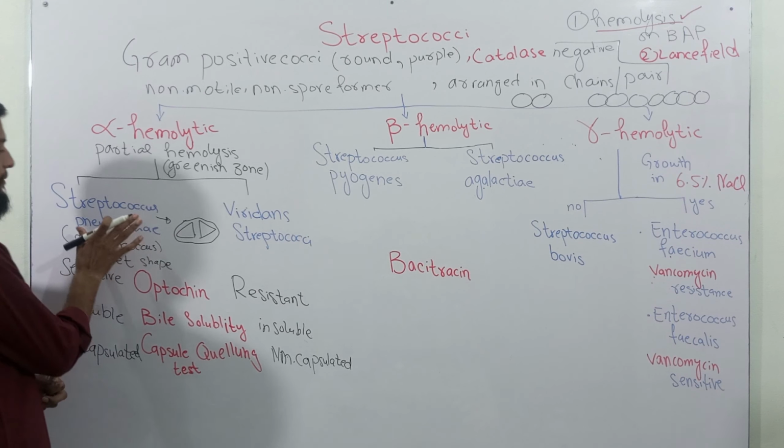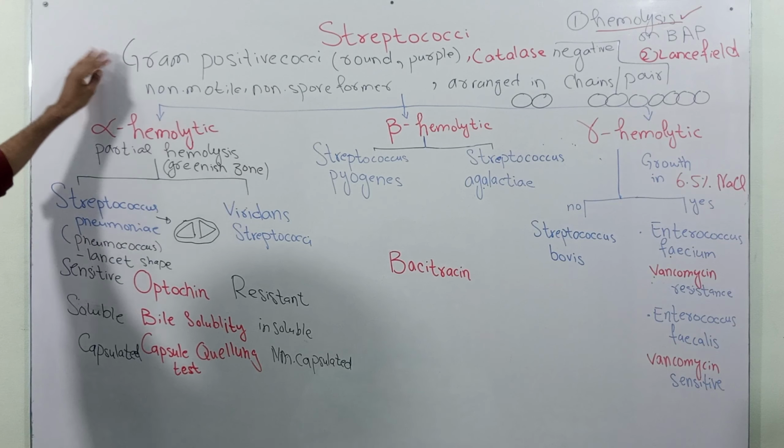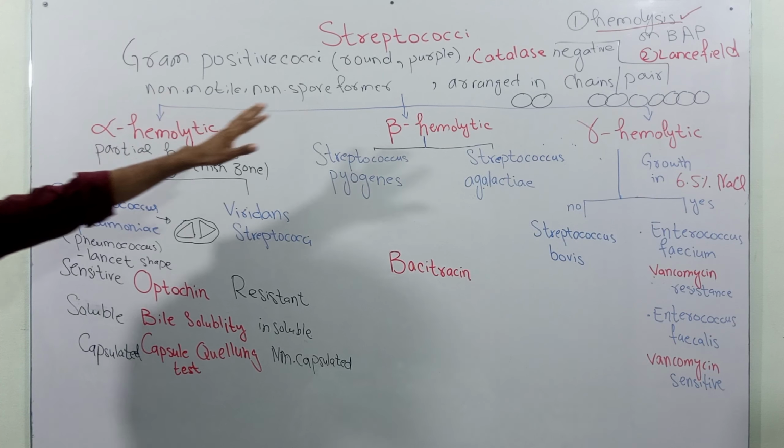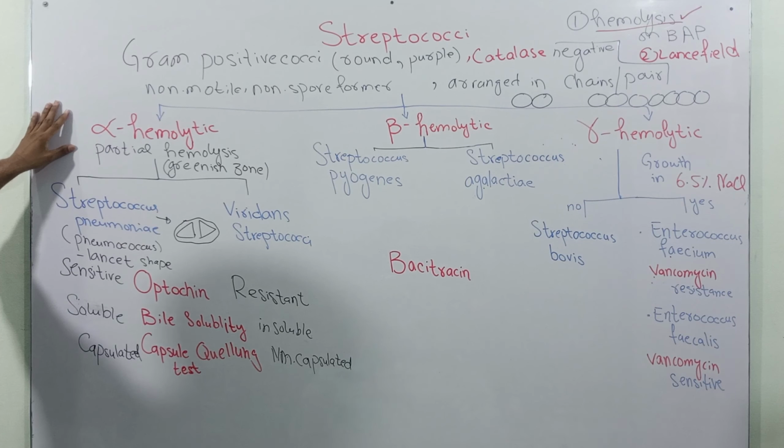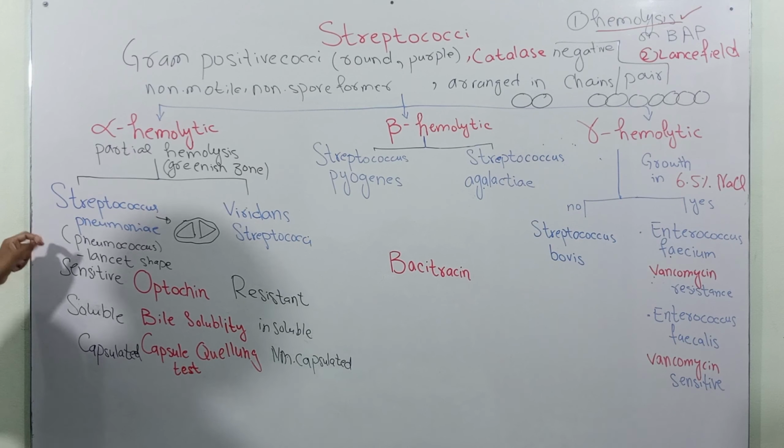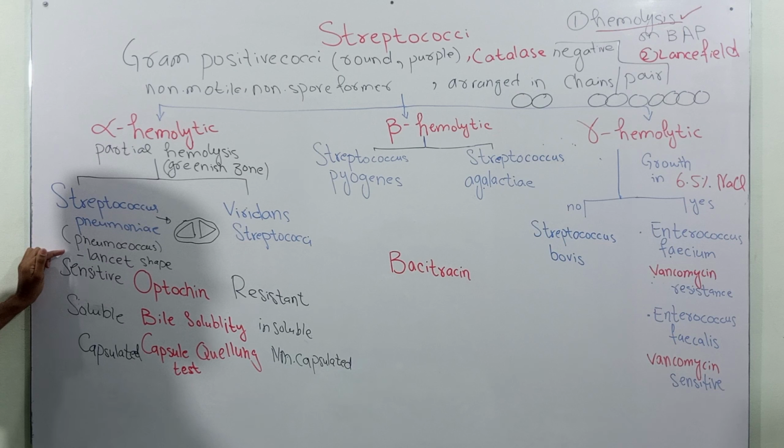So Streptococcus pneumoniae are, in short, gram-positive cocci, catalase negative, alpha-hemolytic. They have a lancet-shaped appearance.